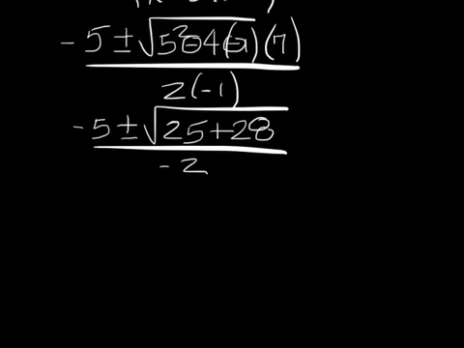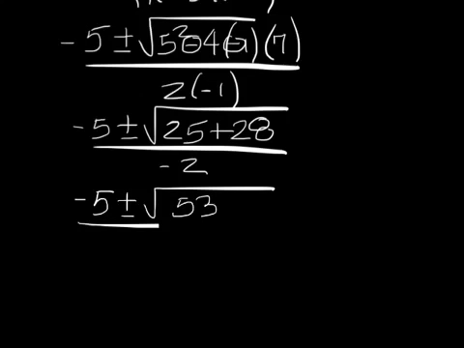So we just have one more level of simplifying to do here, and that's under the square root sign to get a 53. And from there you can evaluate it twice to come up with two different answers. The first one is negative 5 plus the square root of 53, and then divide that by negative 2.